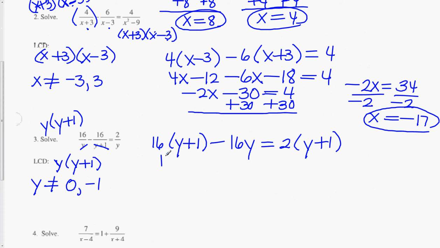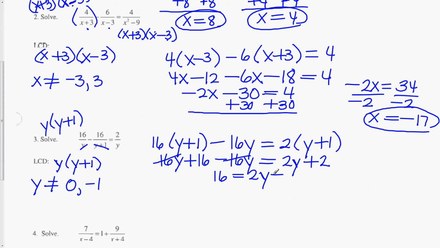So let's clear our parentheses. 16y plus 16 minus 16y equals 2y plus 2. On the right side, 16y's on the left side, 16y's cancel. So I have 16 equals 2y plus 2.